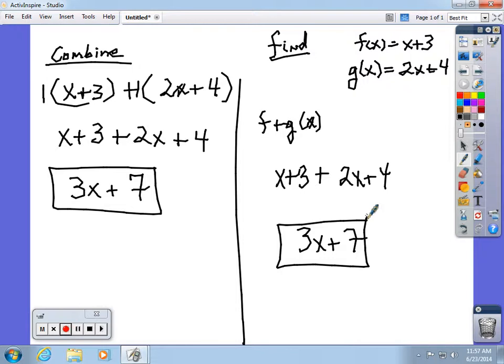On the perpendicular lines, y equals 4x plus 3 and y equals negative 1/4. And what do you do to the slopes for perpendicular lines? You multiply them together and they're supposed to equal what? What's the rule? Negative 1.